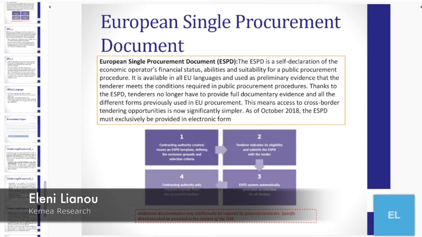When potential bidders are invited to submit their tender, at the first phase they will only have to submit the European Single Procurement Document, which is, as we may know, a self-declaration of the financial status, abilities, and stability for a public procurement procedure, which more or less contains all the information needed and requested, as we mentioned above.